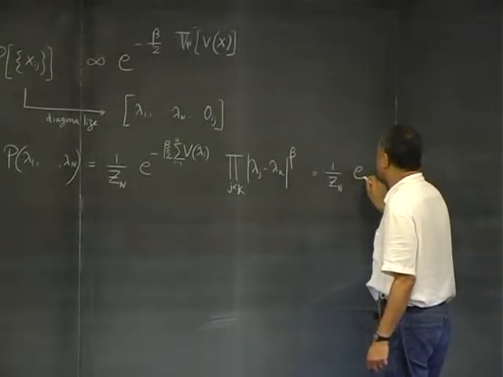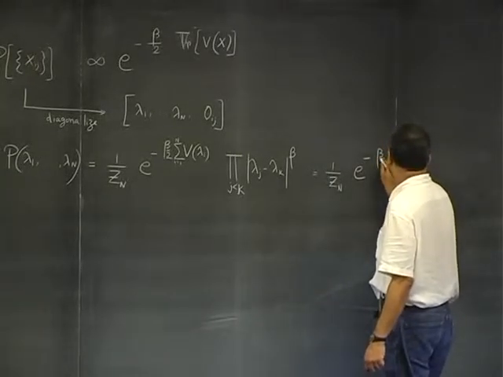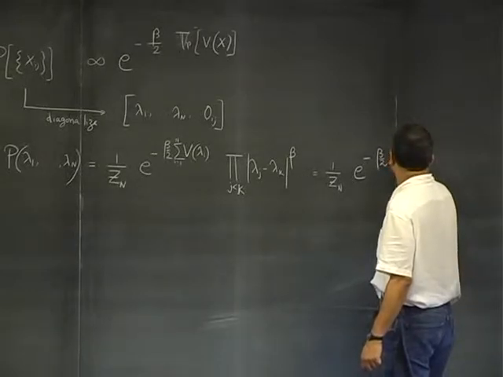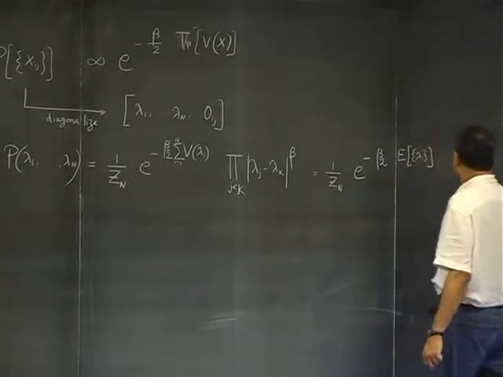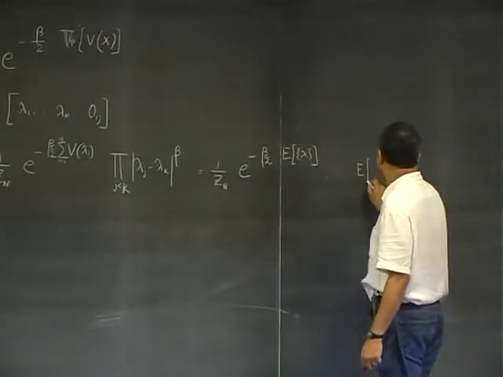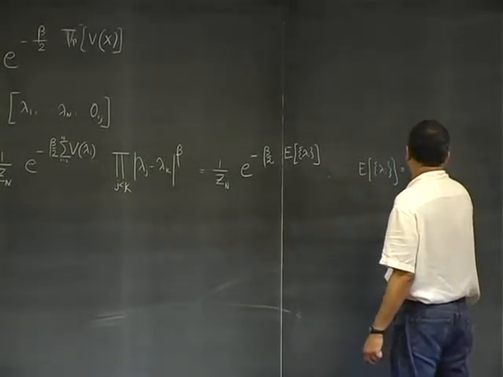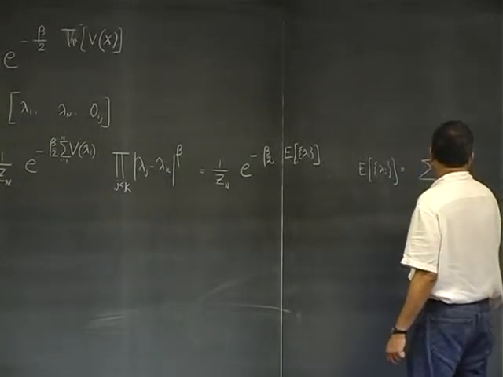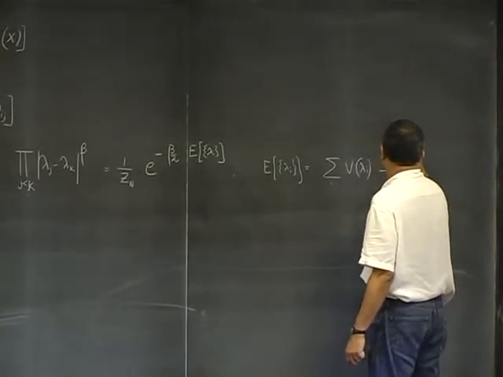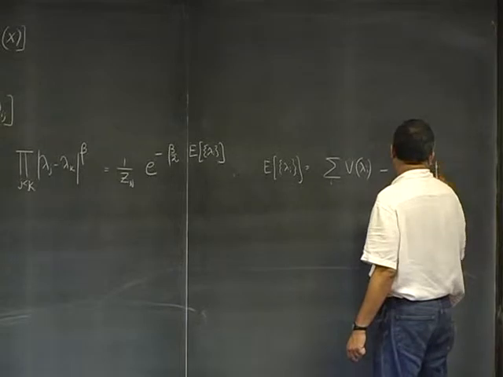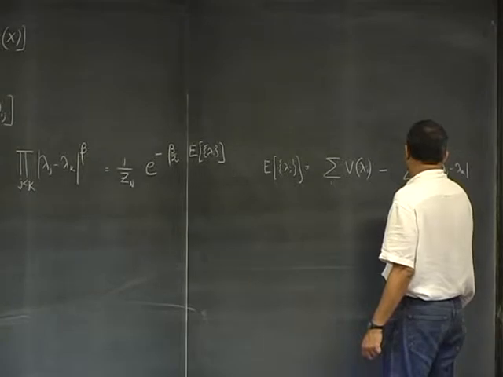So this I can write as exponential minus beta by 2, if you like, of E of lambda_i, where E of lambda_i is simply the summation over i of V(lambda_i) minus the sum of log|lambda_j minus lambda_k|, j not equal to k.